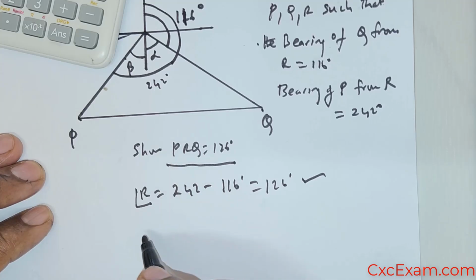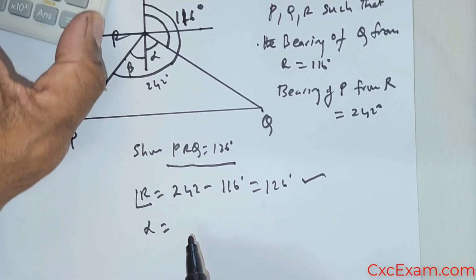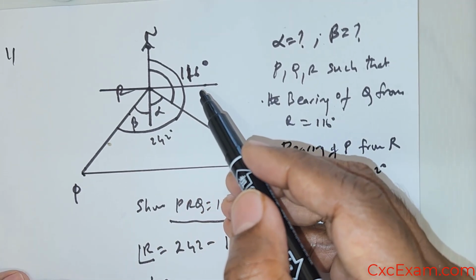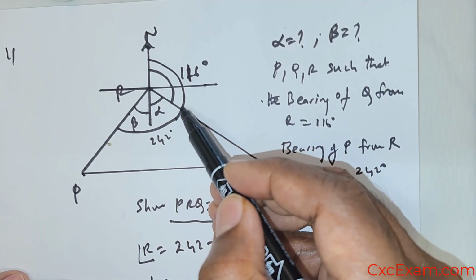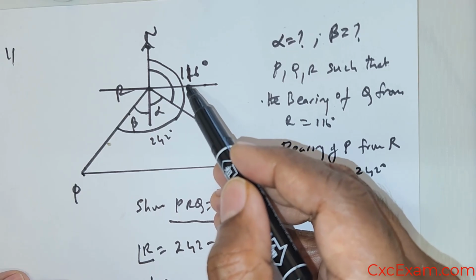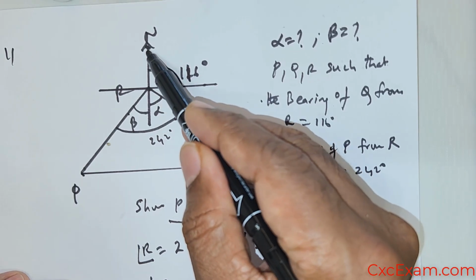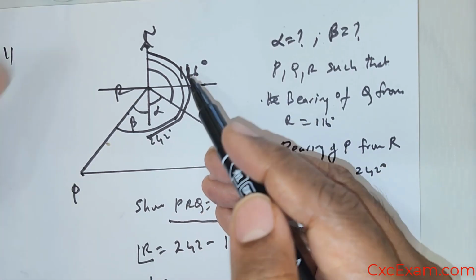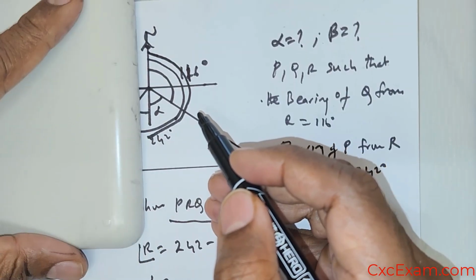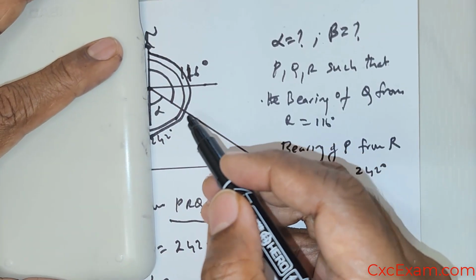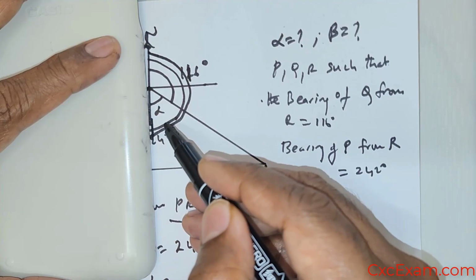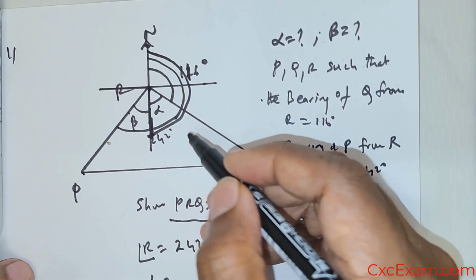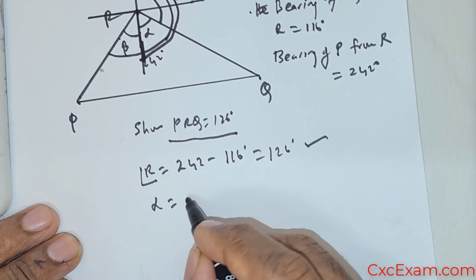Now if in case they ask you to find alpha, what would you do? Clearly you see here this entire region is 116 degrees, and if I were to take this region all the way till this line, let me extend this line, it's going to be 180 degrees, right?